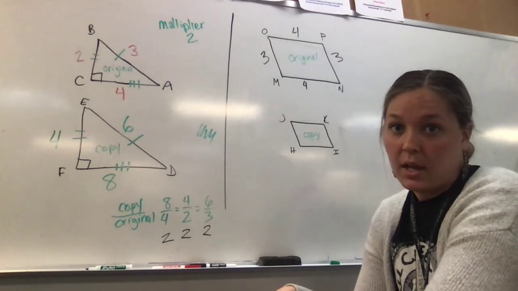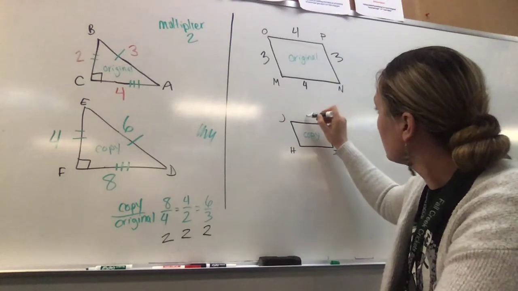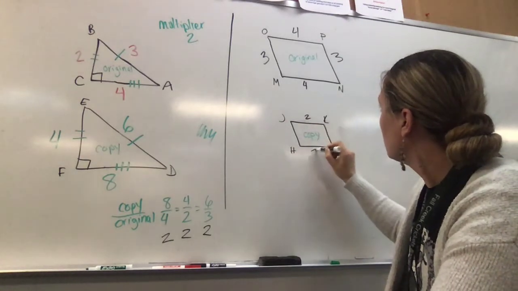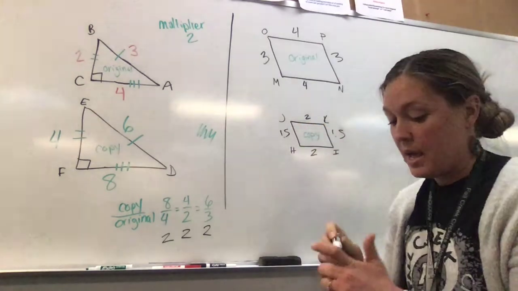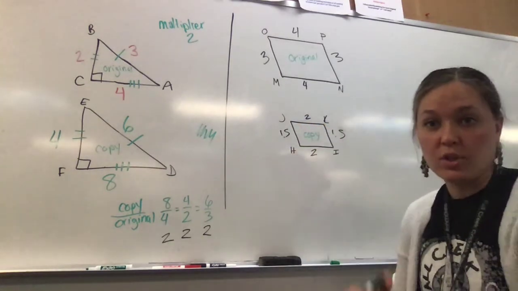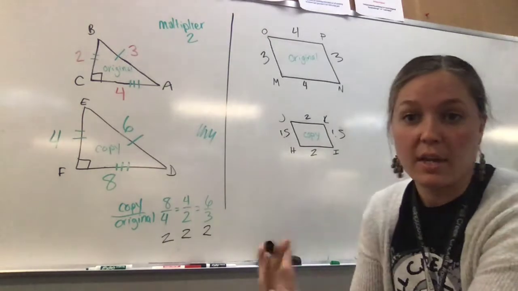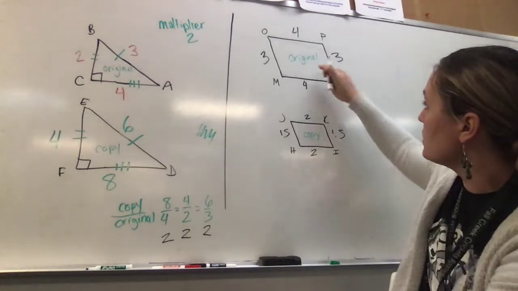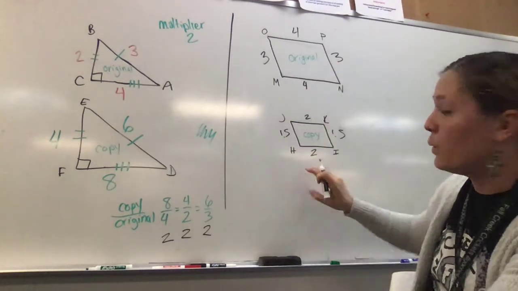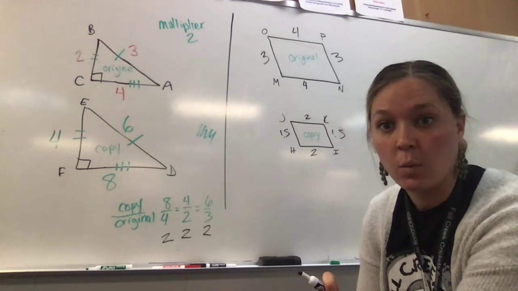So let's say this is 2, 2, 1.5, 1.5. I might ask you, are these 2 shapes similar? And you would have to say yes or no, and then you would also have to tell me the scale factor. So if this is my original and this is my copy, we know that it's getting smaller. So my scale factor has to be less than 1.